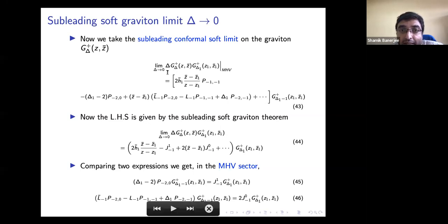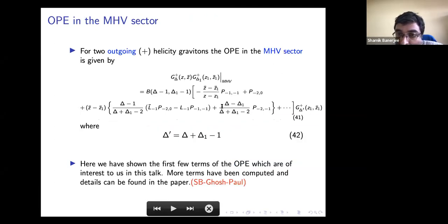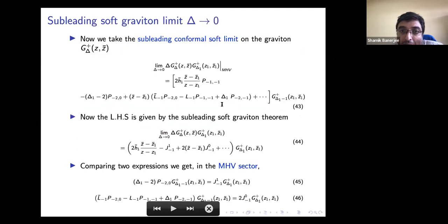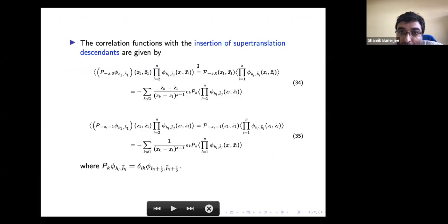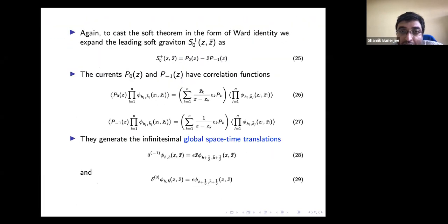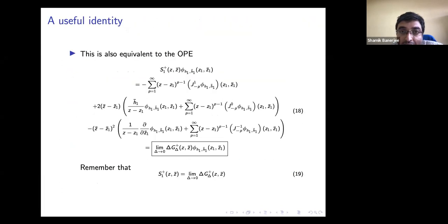If I do this on the right hand side, I get this. We know what this has to be: this is subleading, and it must reduce to S plus 1 Z Z bar acting on phi, where phi is now this G plus delta 1 Z1 bar.